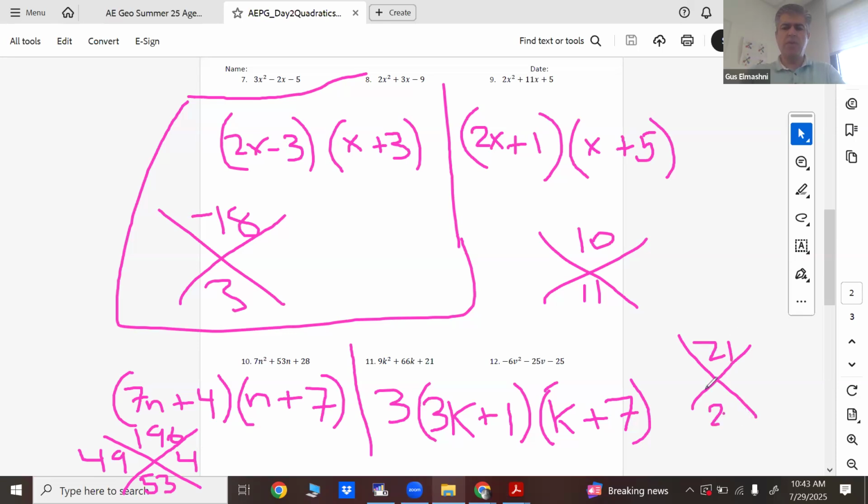So 1 and 21. Yeah. And of course, that'd be 1 and 10, 6 and -3. So yeah. And then of course just do the box, all that stuff.